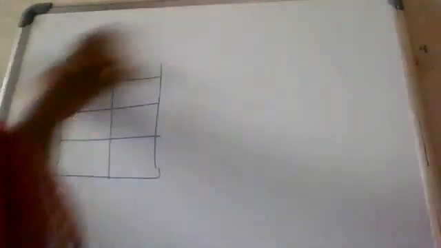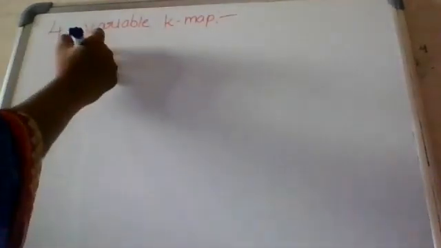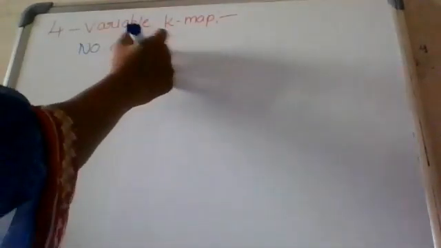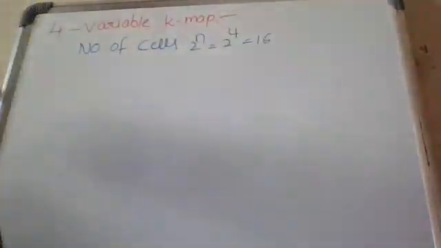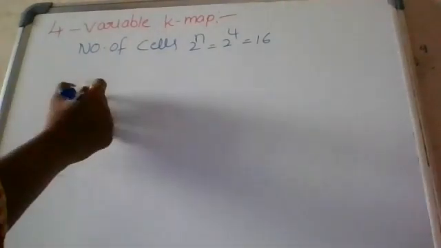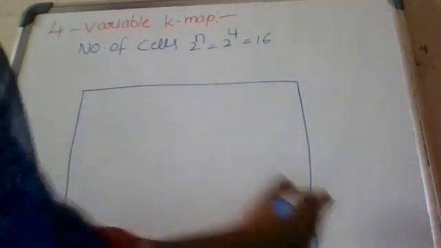Next, the 4 variable K-map. The number of cells is 2 power n, so 2 power 4 is 16. We have 16 cells in a 4 variable K-map, so you should take a square box.